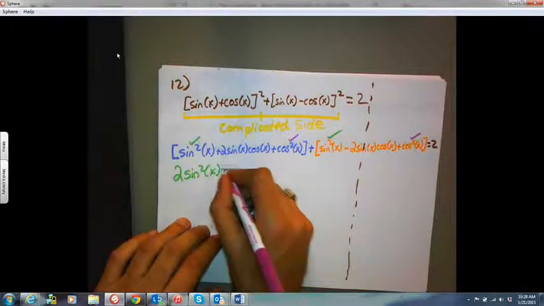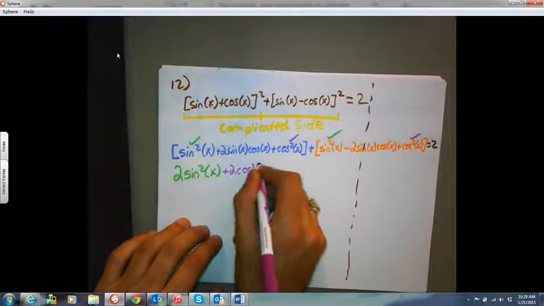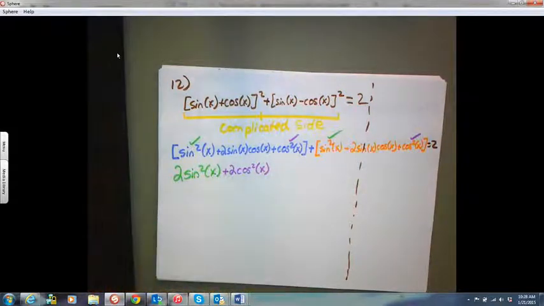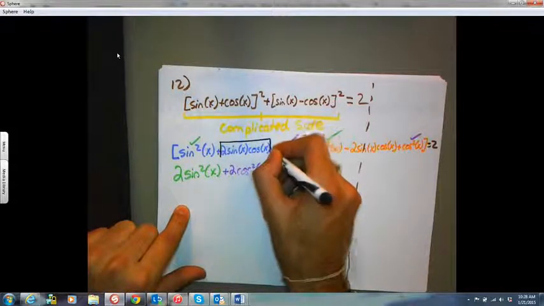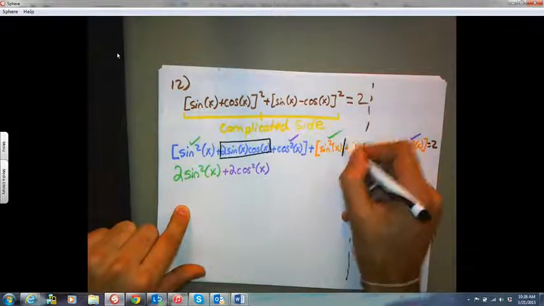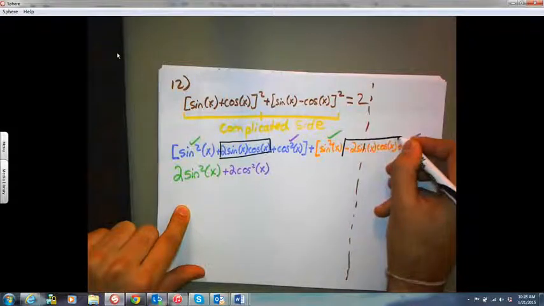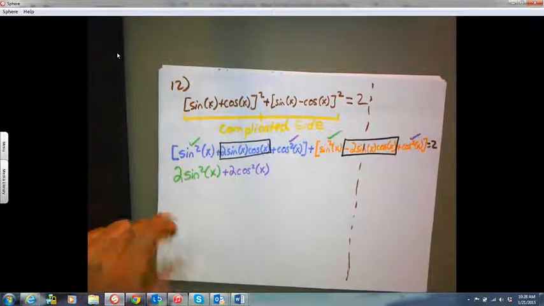Here is a positive 2 sine x cos x. Here is a negative 2 sine x cos x. If one is positive and one is negative, they cancel out. Very good. So that's done. So everything has a check mark on it, so we accounted for everything. And in brown, we still have over here, we haven't even touched the right side, equals 2.